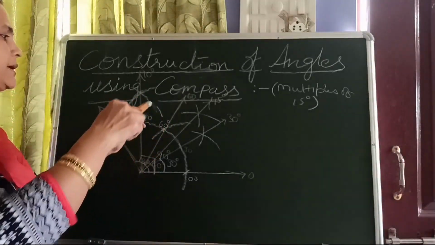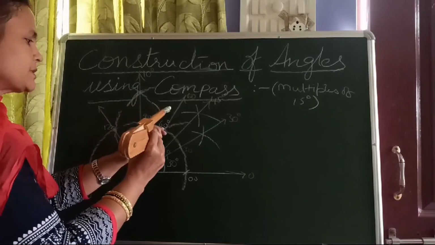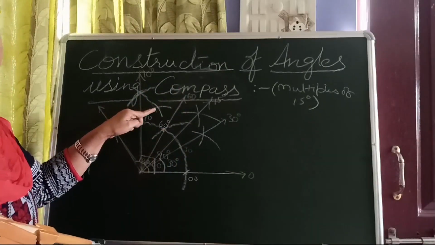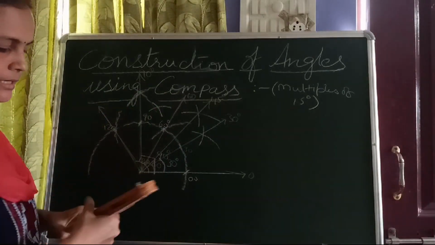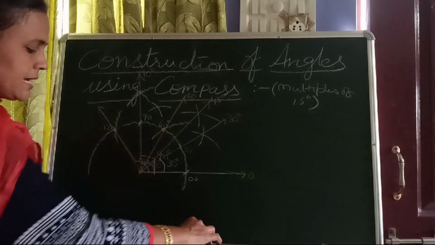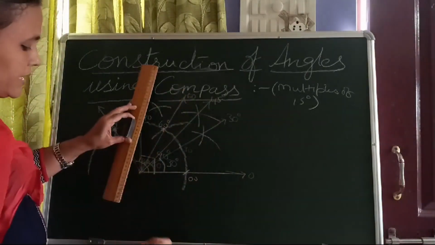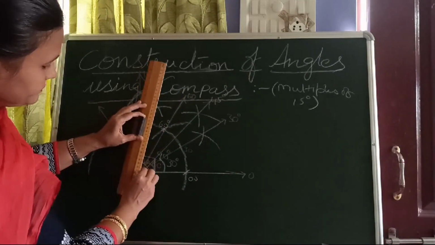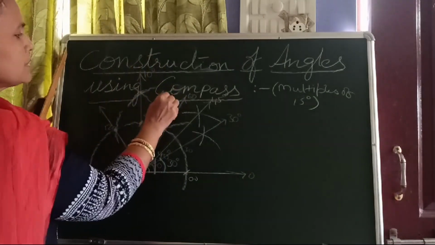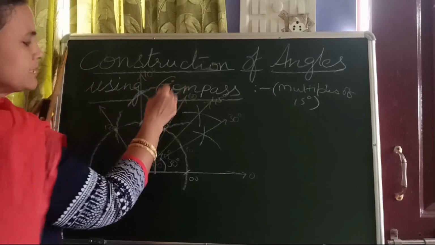With the same radius, draw one more arc from 60. The point where the two arcs meet, join to the vertex. You will get 75 degrees. Now this angle is 75 degrees.